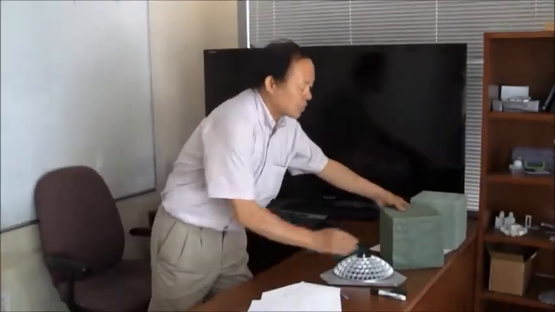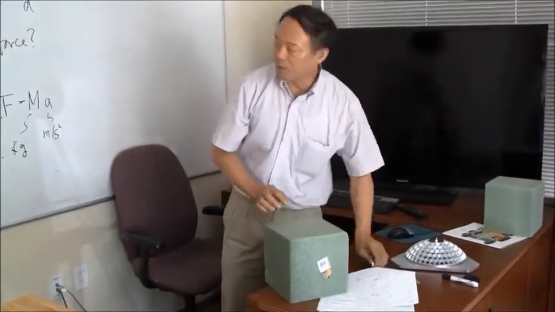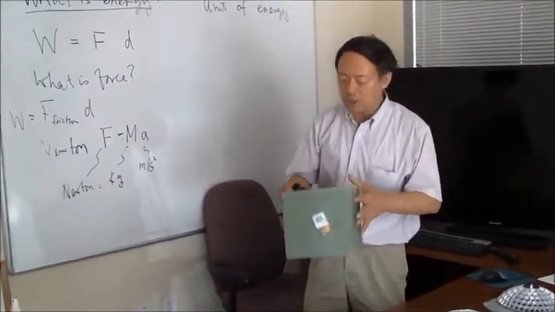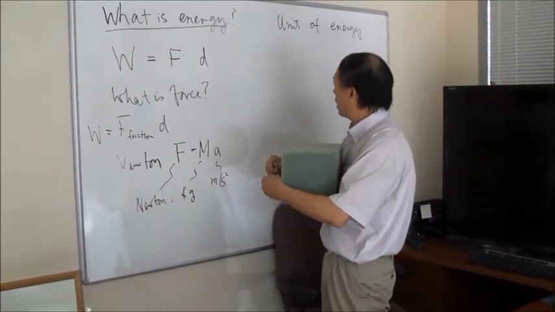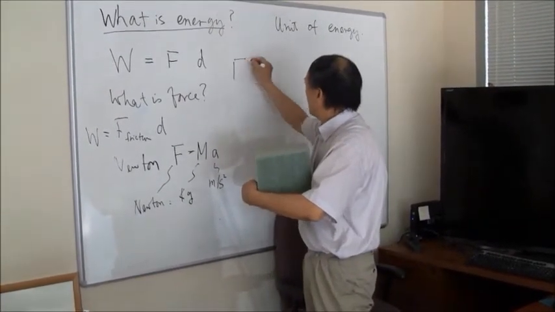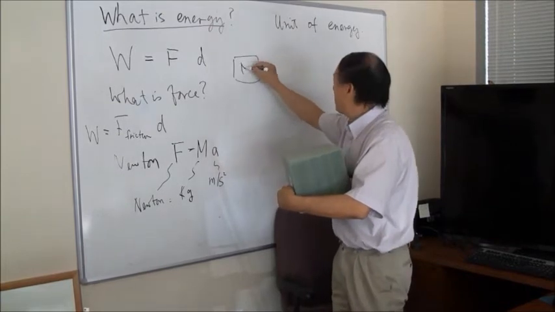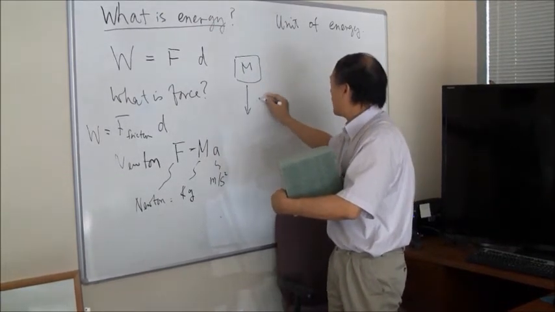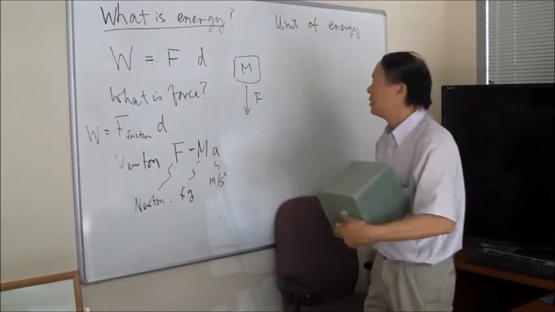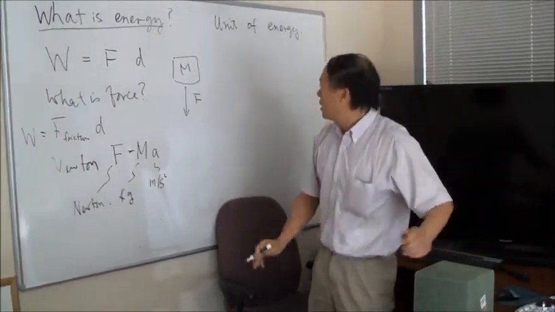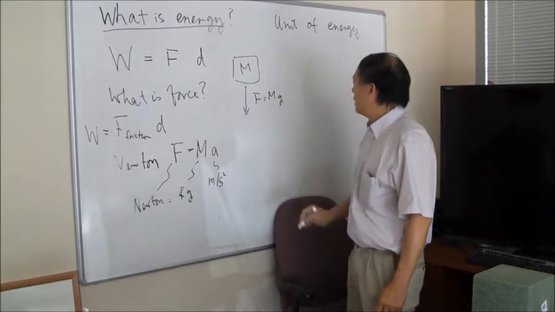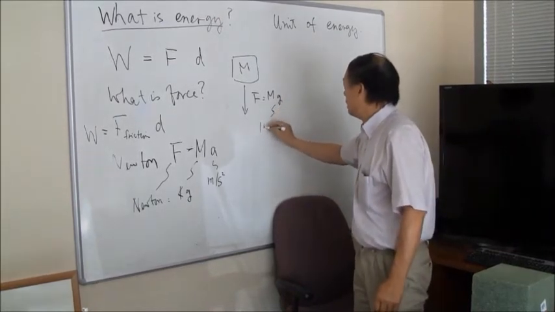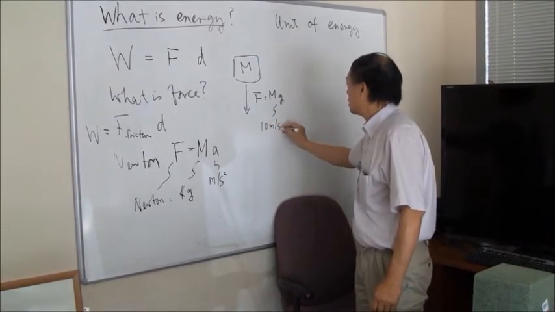Now, if you think about lifting concrete blocks, the amount of force exerted by gravity on this concrete block of mass M is equal to M times g, and g is equal to 10 meters per second squared.